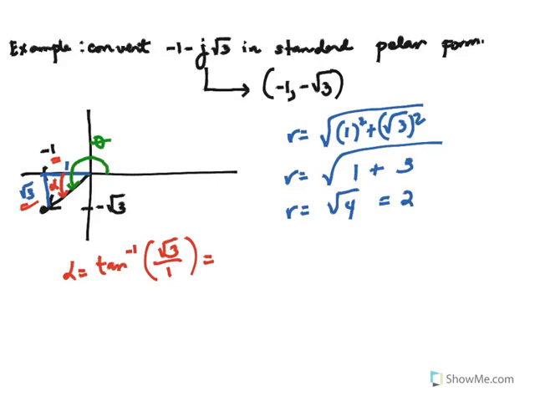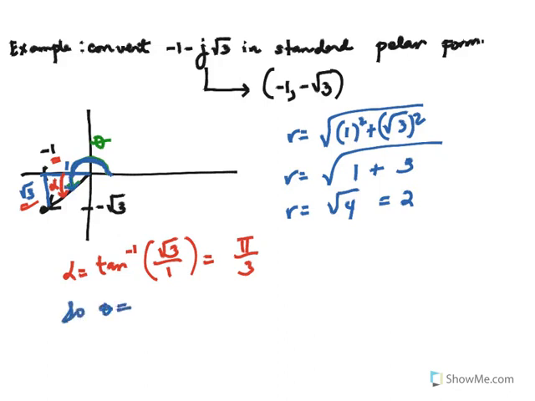So that's pi over 3. Therefore, if this is pi over 3, para ma-solve natin si theta mula dito hanggang dyan ay pi. I-add natin si alpha, makukuha natin si theta.